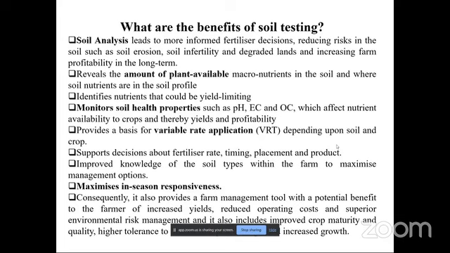And further, it helps in the availability to the crop, thereby yield and profitability. One of the benefits of soil testing is variable rate application. A certain crop has its own recommendation, which gives this variable rate of application. Another important benefit is that it maximizes in-season responsiveness.